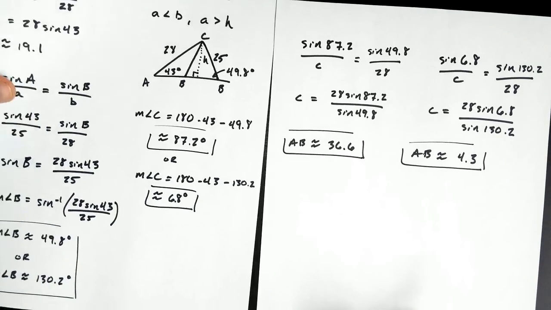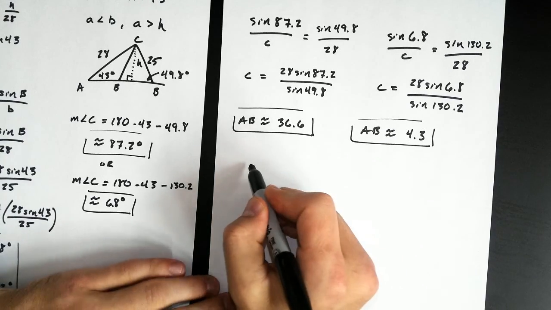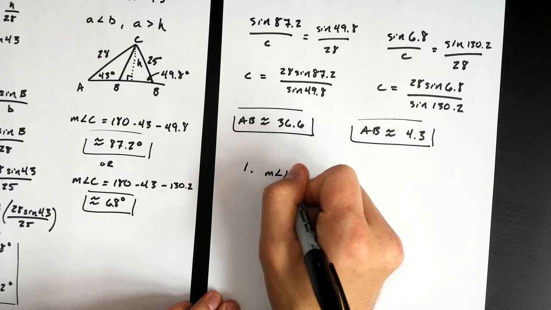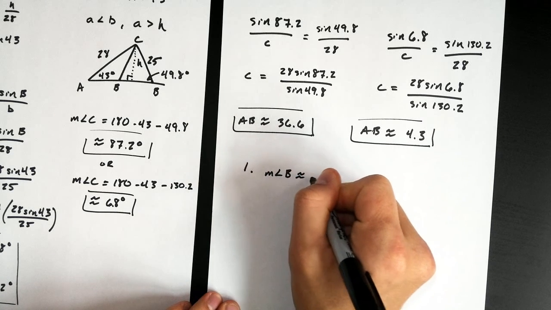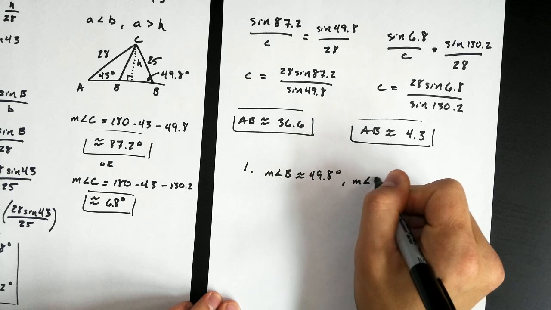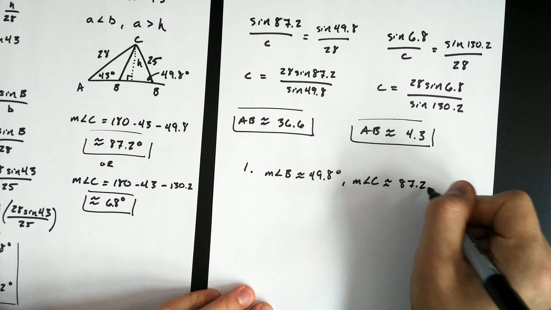Okay, so putting that all together, we have our two possibilities for triangles. Our first possibility, the measure of angle B was about 49.8. The measure of angle C was about 87.2.